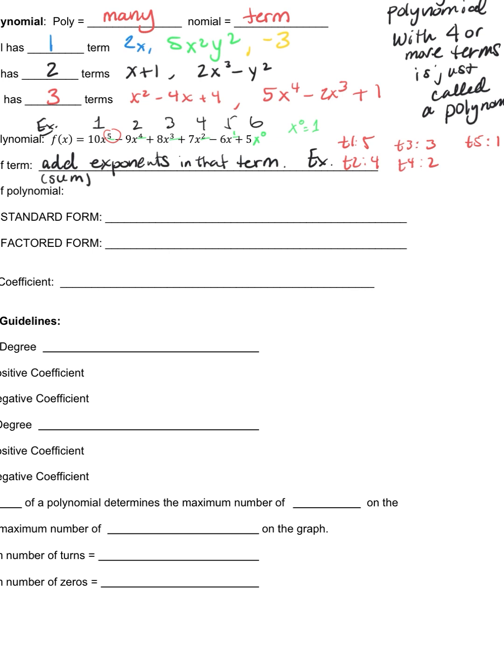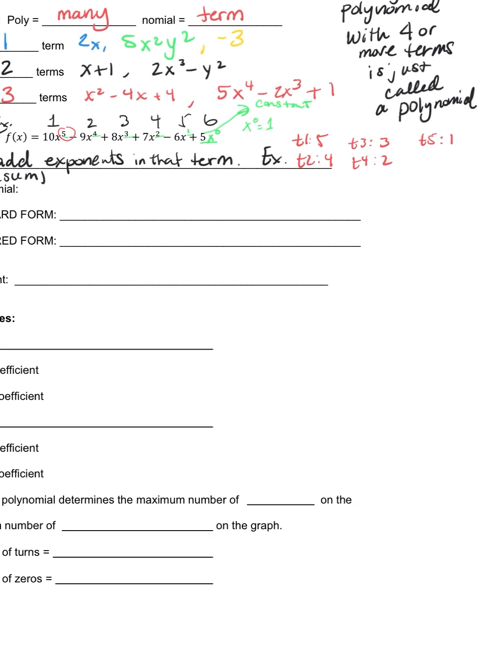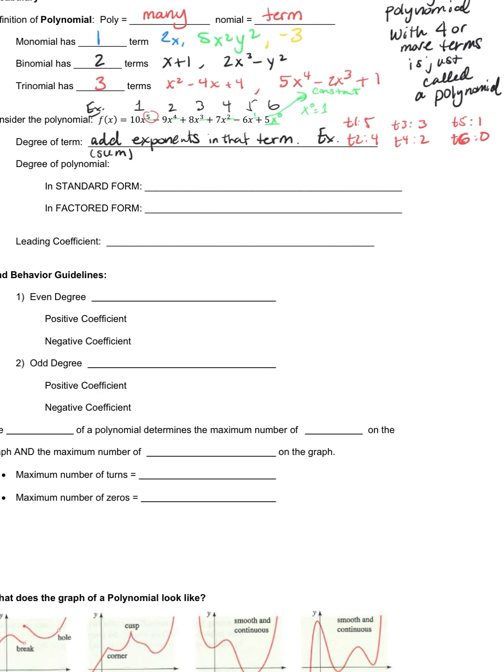So that's really 5 times 1 here. So this is a constant. A special name for those is a constant because they never change. I want you to think about that term, though, it does have a degree. Term 6, and that's 0. All constants have a degree of 0.